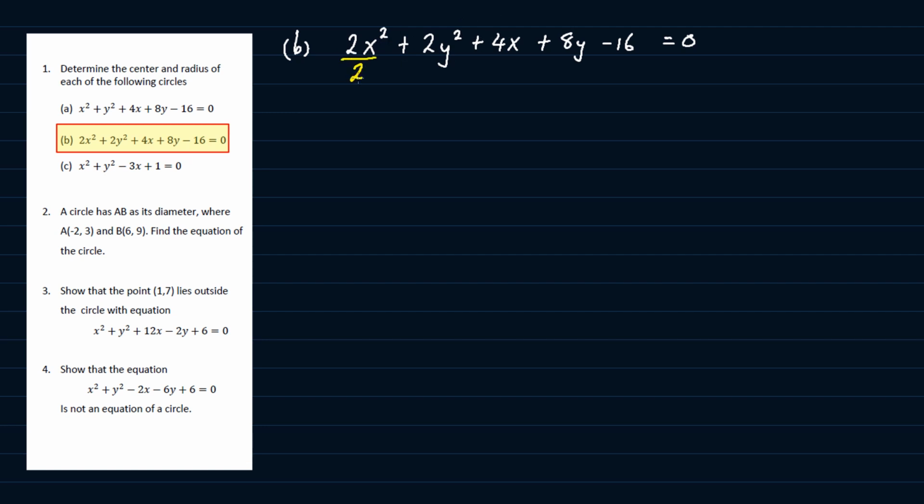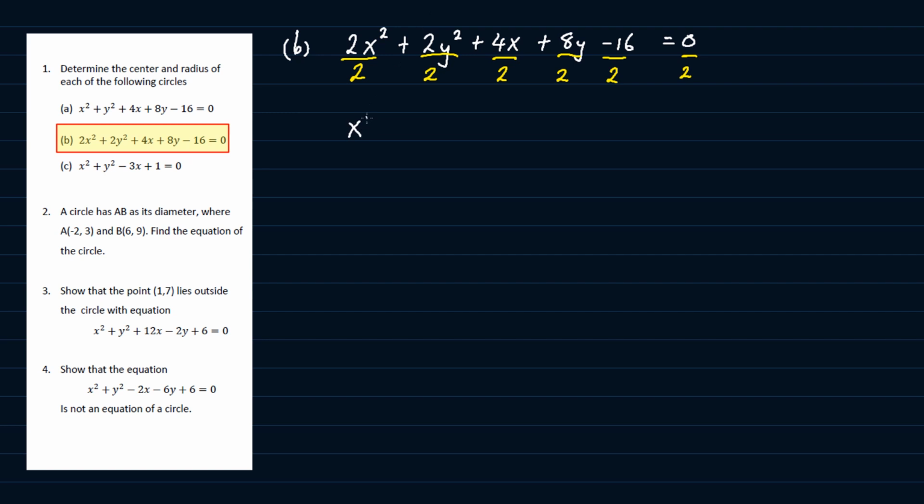So I'm going to divide each term on the left side and on the right side by 2, so that it comes in the proper form of the equation of a circle in expanded form.